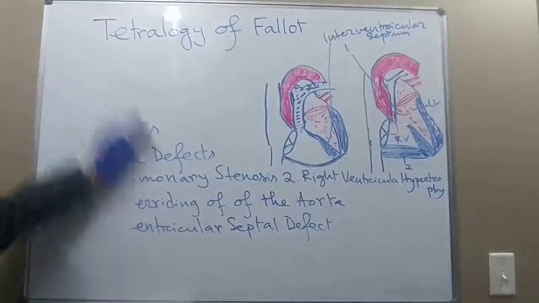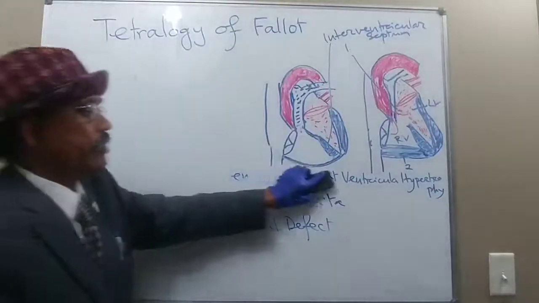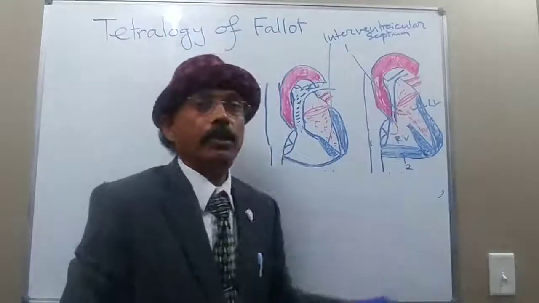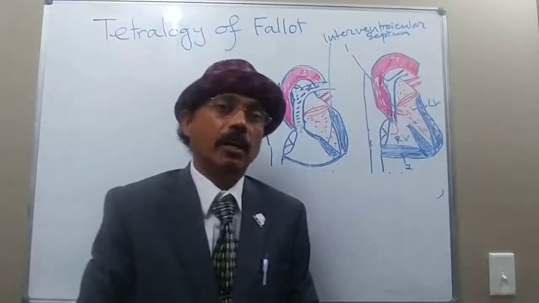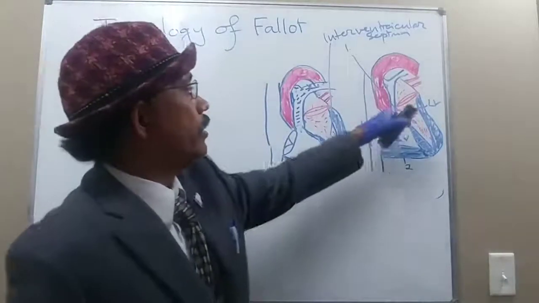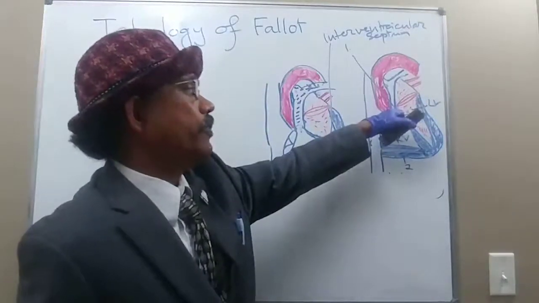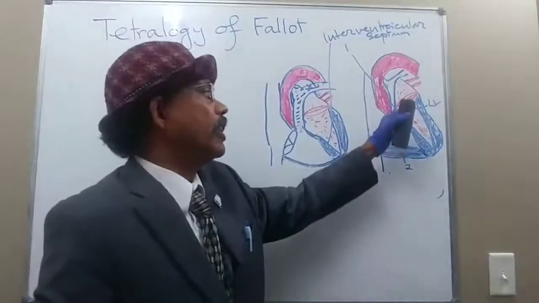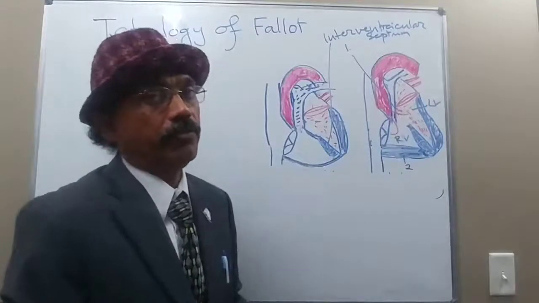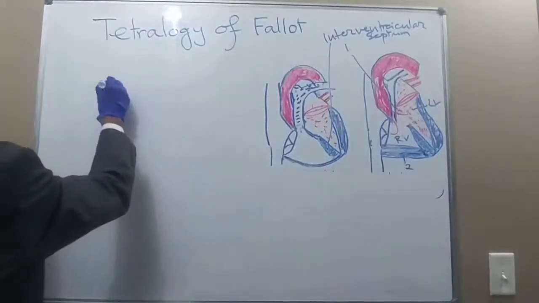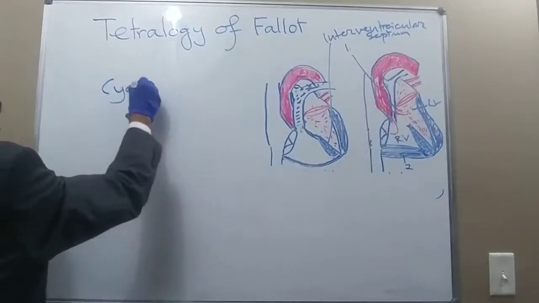Now, how does a child present with tetralogy of Fallot? It is a congenital heart defect. It may manifest in very early infancy, depending on the degree of stenosis. If it is severely stenosed, manifestation is early. If it is less stenosed, manifestation may be late. It is a cyanotic heart disease, so there will be cyanosis.